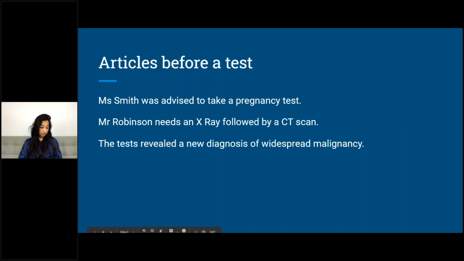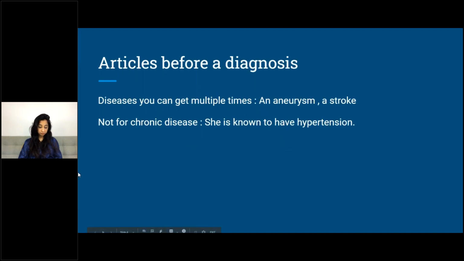Moving on to our third mistake: articles before a diagnosis. For diseases that someone can get multiple times in their life, you're going to be putting a or an.